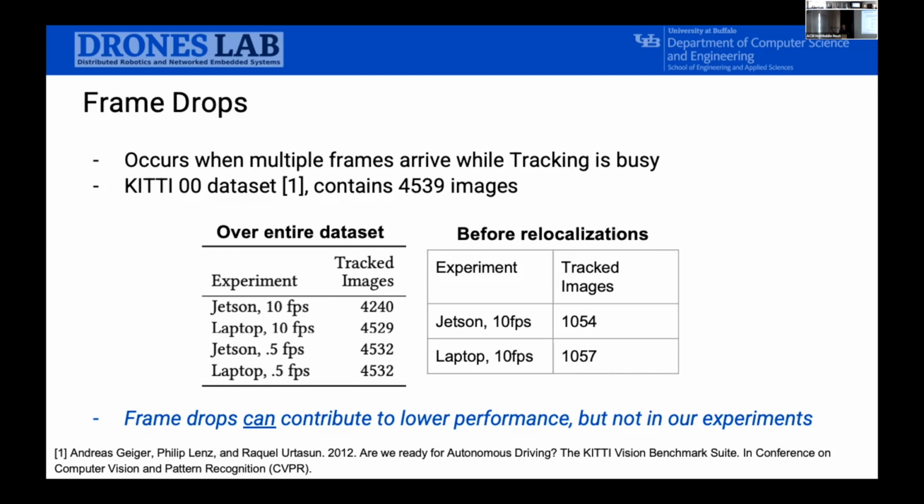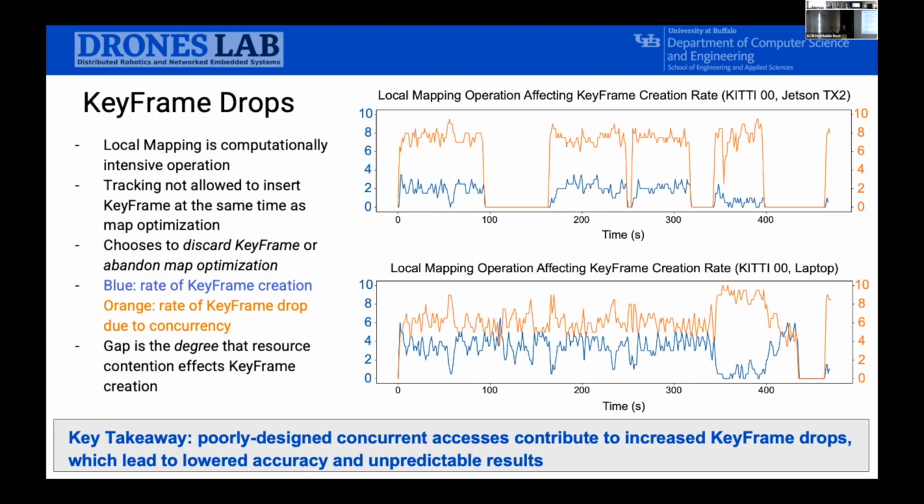If we look at how many images are tracked before any relocalizations occur, on the right-hand side, we see that the Jetson, the most resource-constrained device, and the laptop track a similar amount of images. So what does this mean? While frame drops can contribute to lower performance, it wasn't the reason for the lower performance in our experiments.